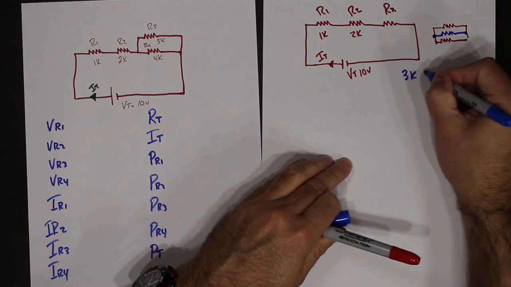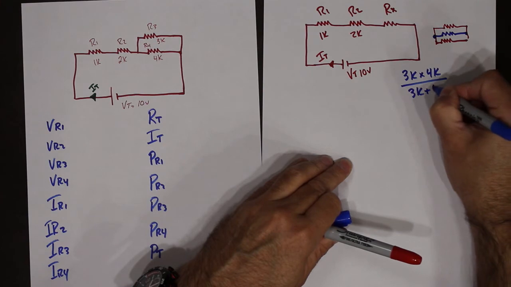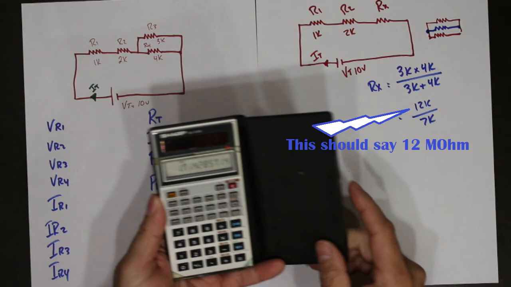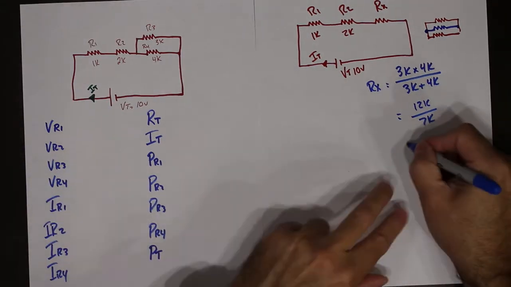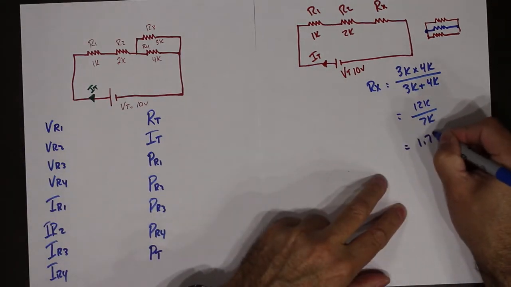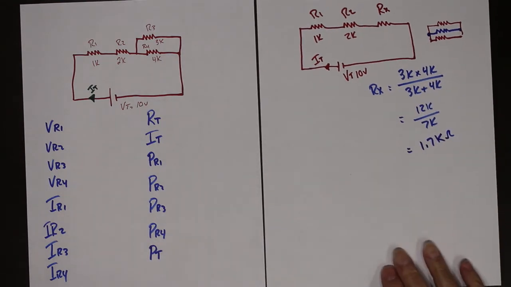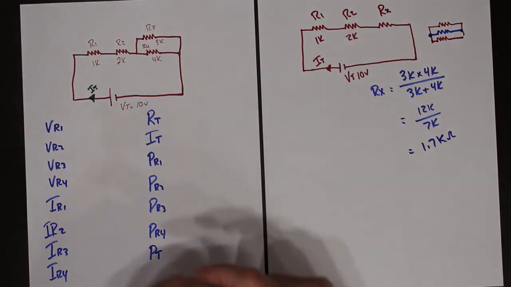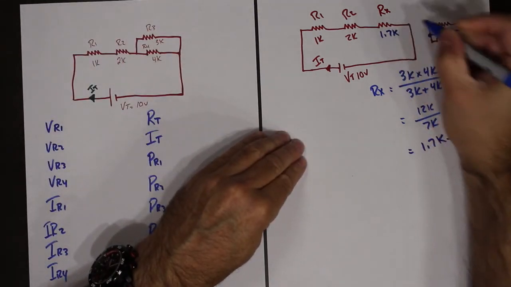So 3K times 4K divided by 3K plus 4K gives us Rx, which is about 1.7K. So the equivalent of these two resistors is this one here at 1.7 kilo.